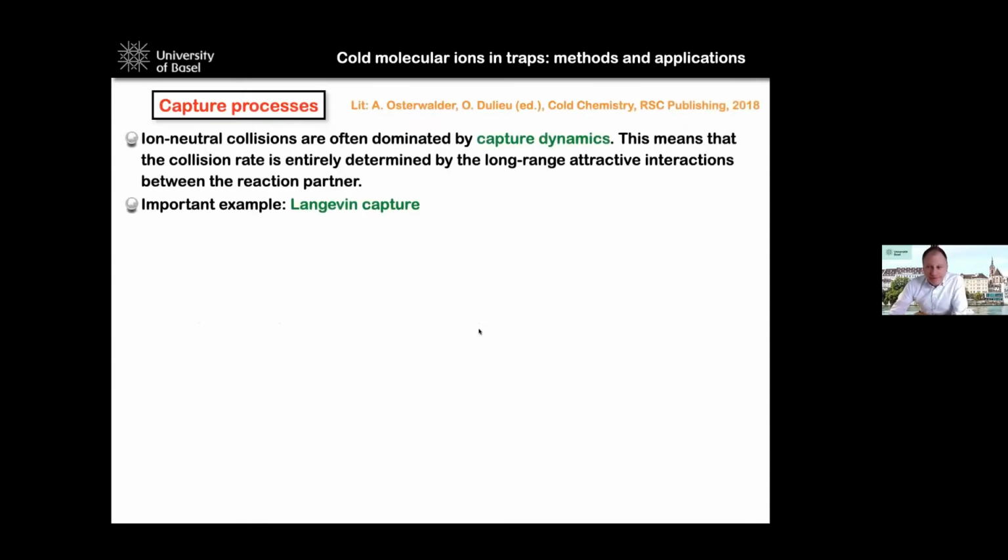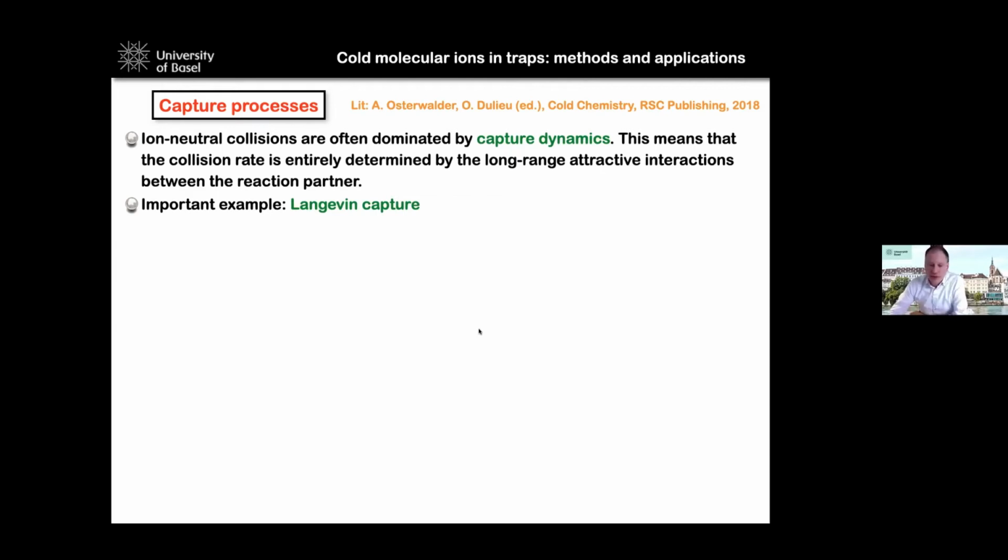Okay, so I said ion-neutral interactions can very often just be understood in terms of this long-range interaction. And if that is the case, then collisions between ions and neutrals often follow what is called capture dynamics. That is exactly what this refers to, namely that the collision is completely governed by the long-range interactions, and short-range interactions between the particles do not play a role.